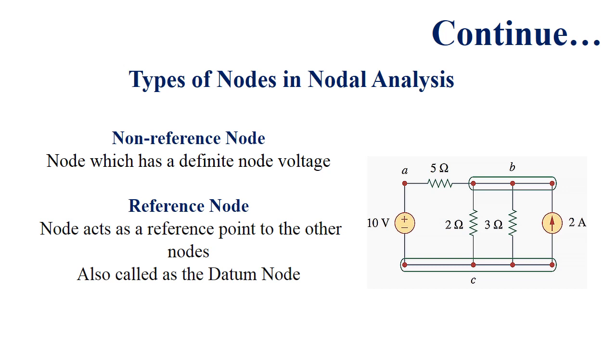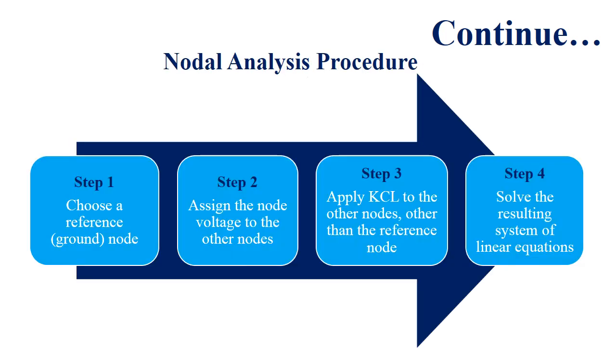Like in our current circuit, as we can see in the slide, we have A and B nodes that are the non-reference nodes. The reference node is the node which acts as a reference point for the other nodes, also called the datum node. In the current circuit, the C node is the reference node, which is the ground node, and we are going to consider this node as 0 volts.